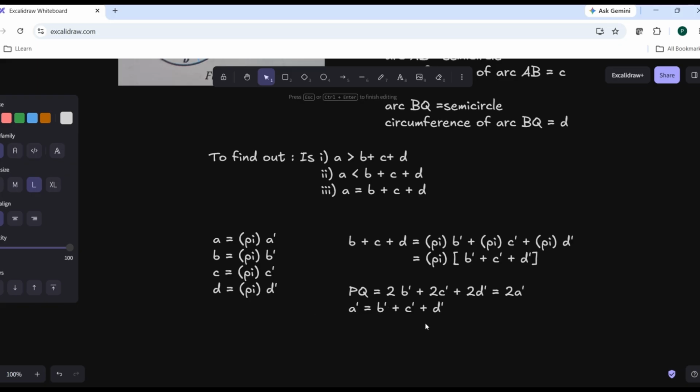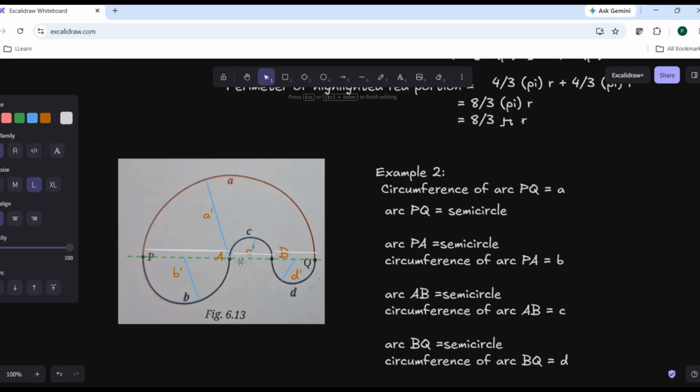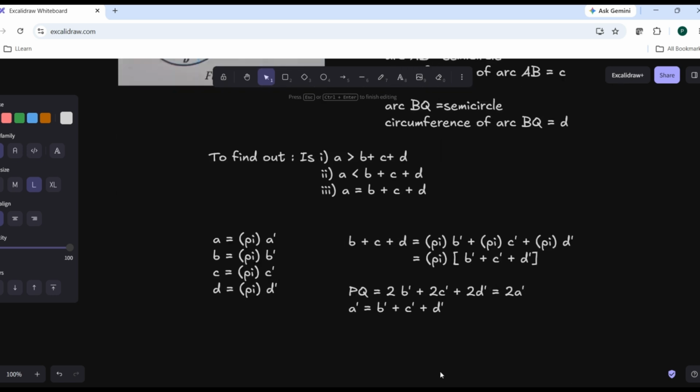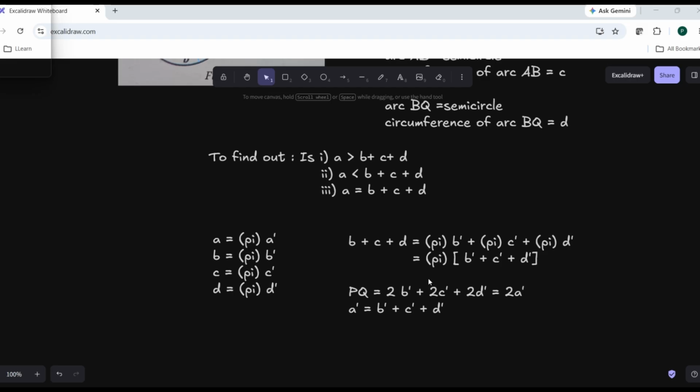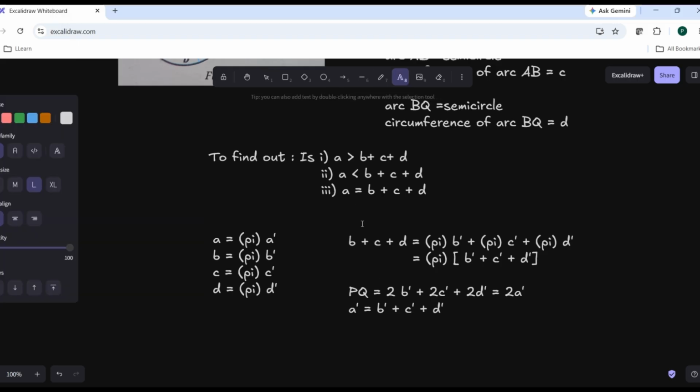So what we are seeing is the radius of the bigger semicircle is equal to the sum of the radii of the 3 semicircles. And we also saw that B plus C plus D is equal to pi of B dash plus C dash plus D dash. I didn't write here, I should write for A also. So A is also the circumference of the semicircle. So this is going to be pi of A dash, right?